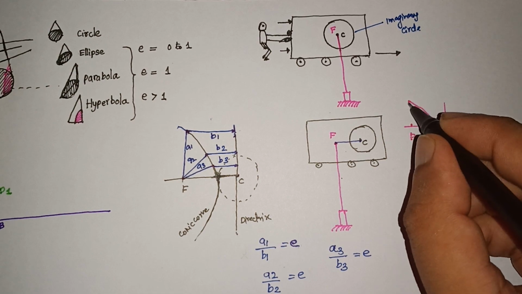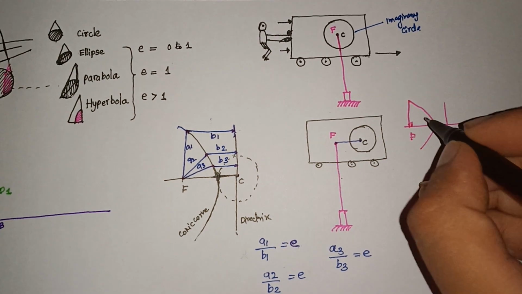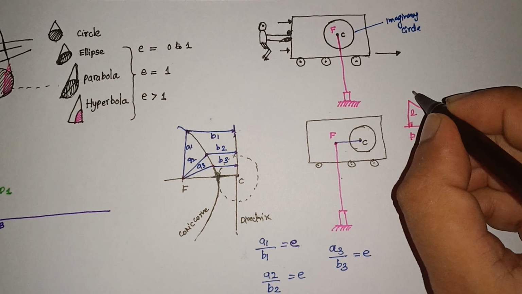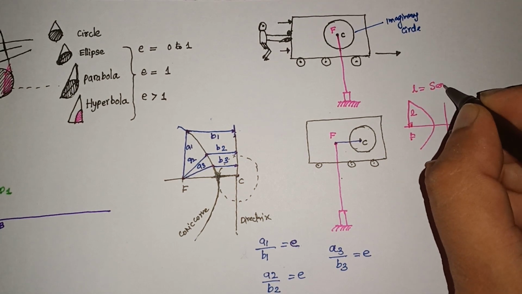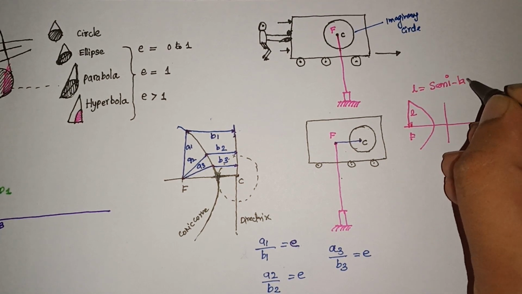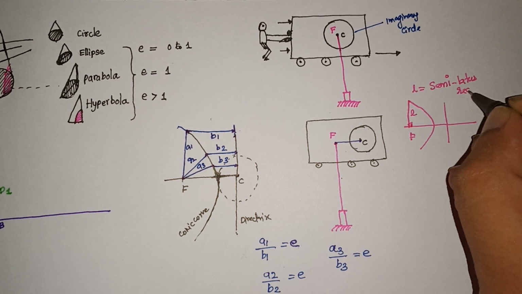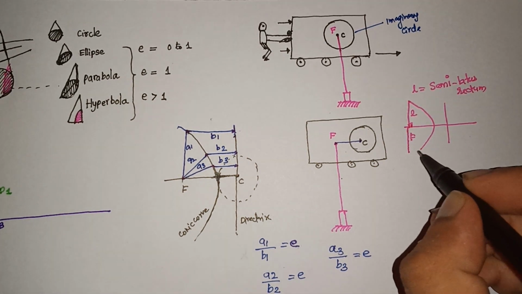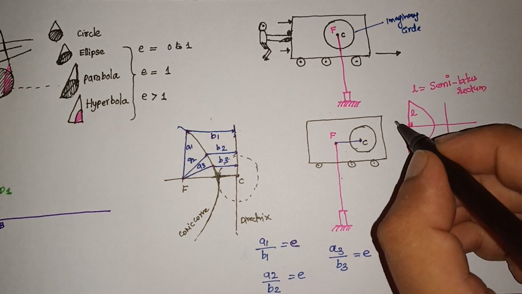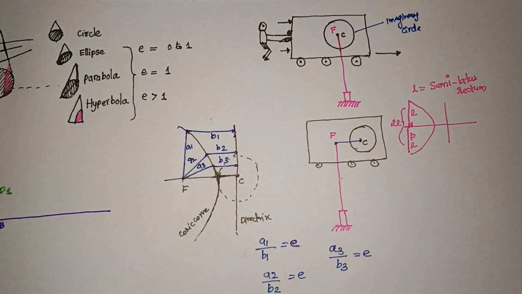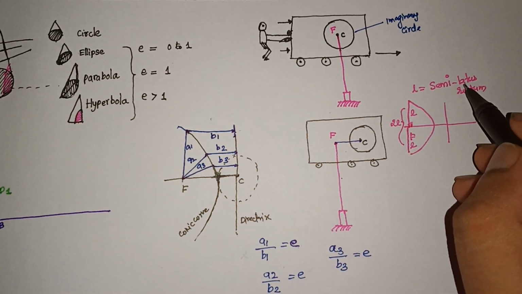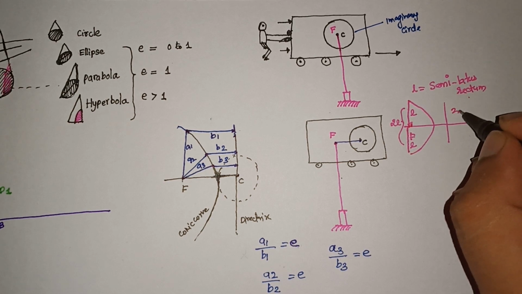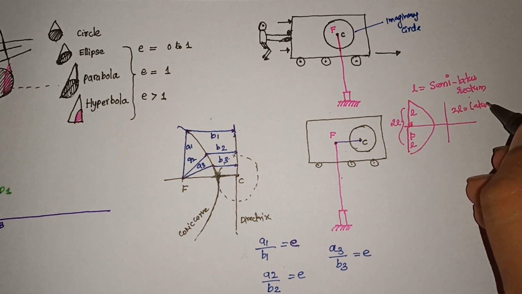The perpendicular drawn from the focus is called the L value. That is called the semi latus rectum. Another 50% is going to be down, so the total is going to be 2L. So 2L is actually called the latus rectum.